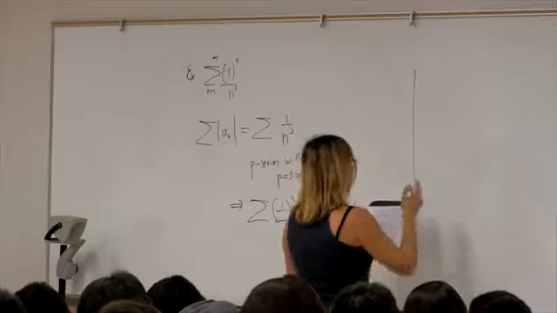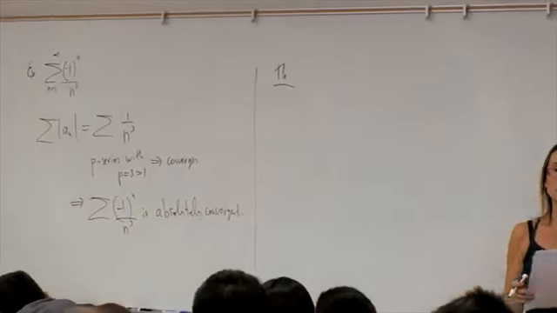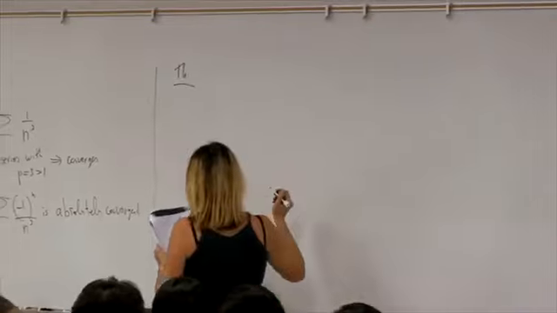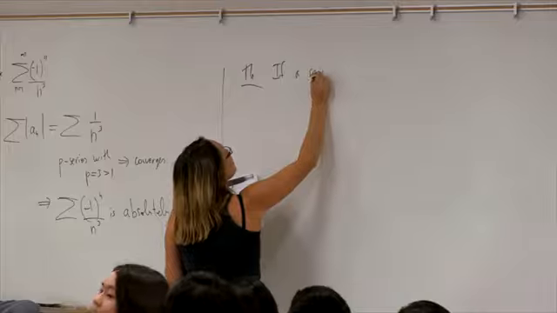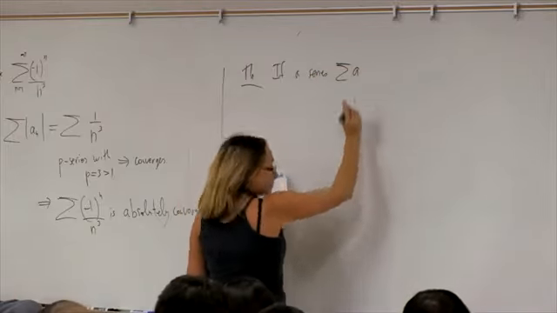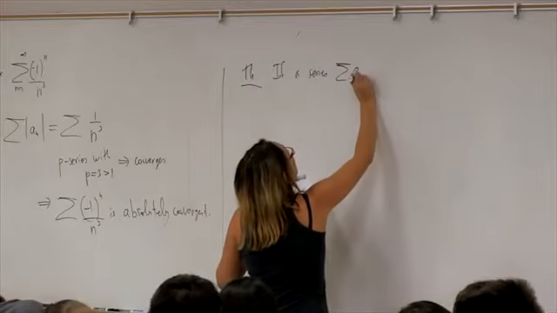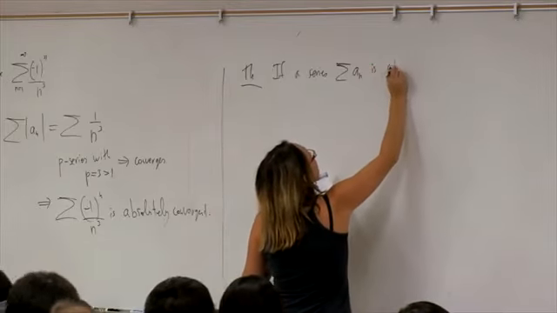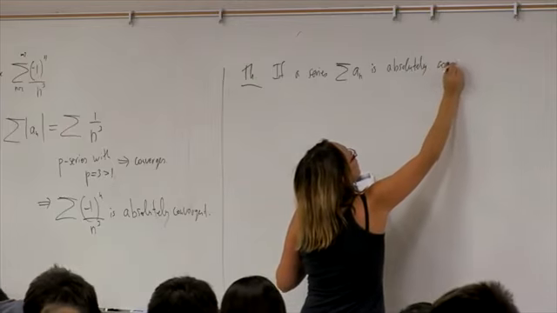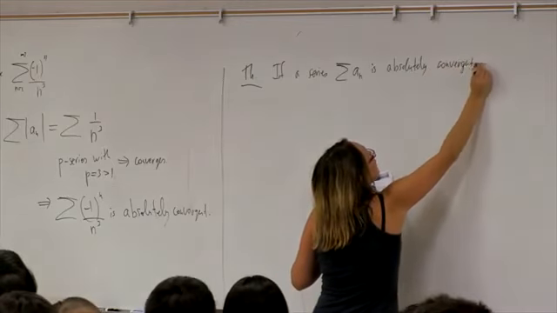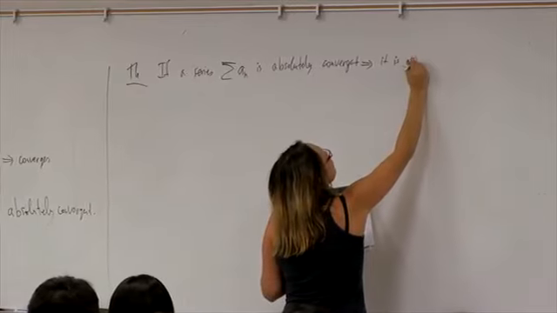And there is a very convenient theorem that relates absolute convergence and conditional convergence. If a series a_n is absolutely convergent, then for sure it is convergent.